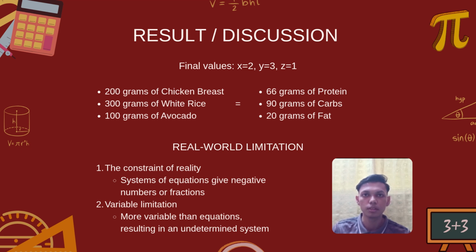For an example, if we add broccoli, eggs, or a protein shake to this meal, we would end up with more variables than equations, resulting in an undetermined system with infinite possible meal combinations. To solve those massive real-world nutrition problems, diet apps actually use advanced linear programming, an extension of the matrix algebra we learned in class.